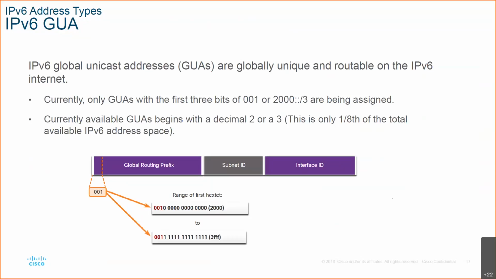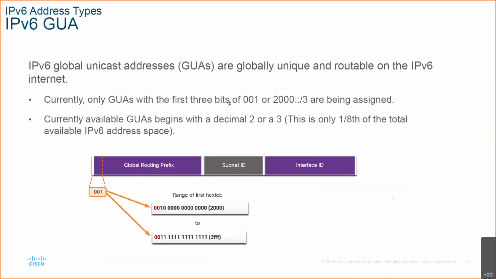Okay, so that is why our address right now starts with 200. But when it comes to our internet service provider, remember, out of the 48 bits, the first 3 bits will be given to us.